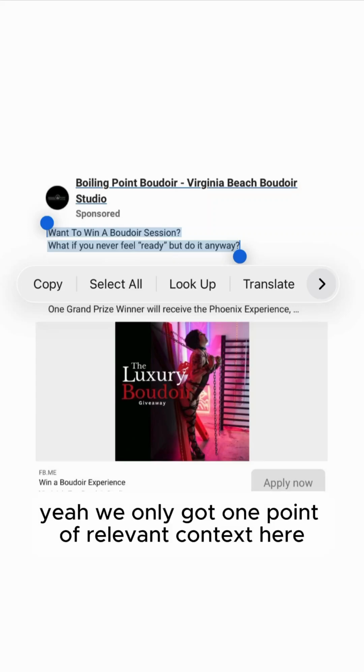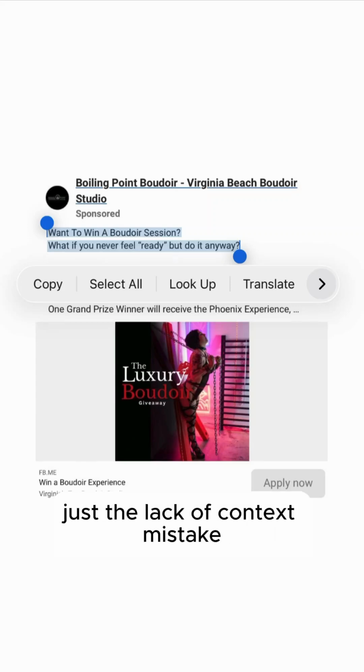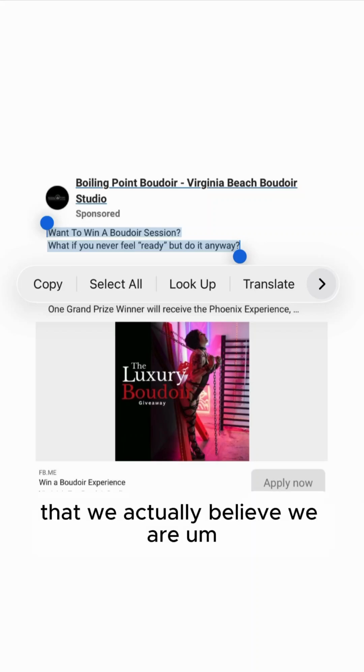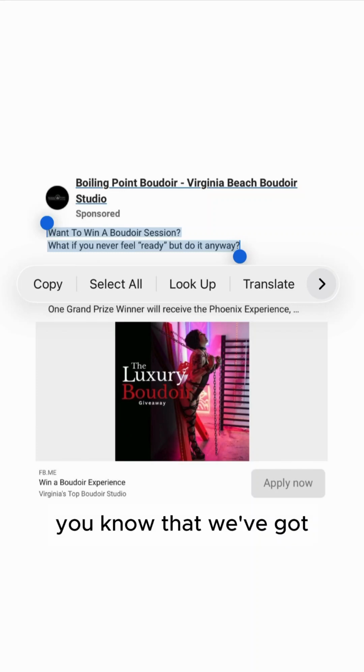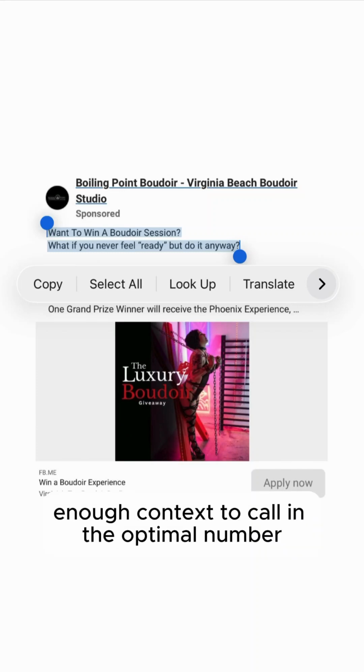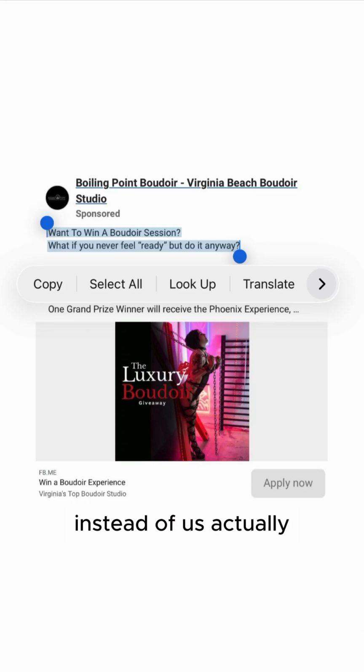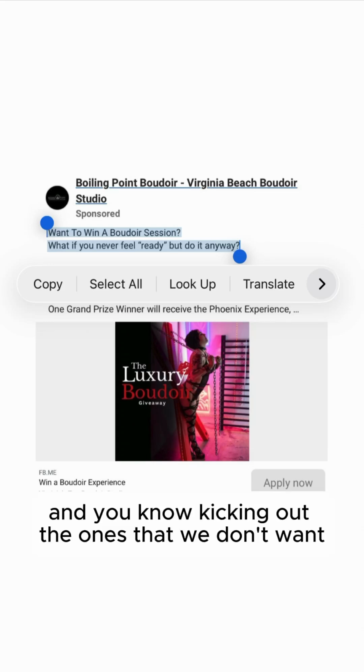We only got 1 point of relevant context here. So it's the lack of context mistake. The false belief that causes us to make this mistake is that we actually believe we've got enough context to call in the right number of maximum women that we're speaking to, and to kick out the ones that we don't want clicking on our stuff.